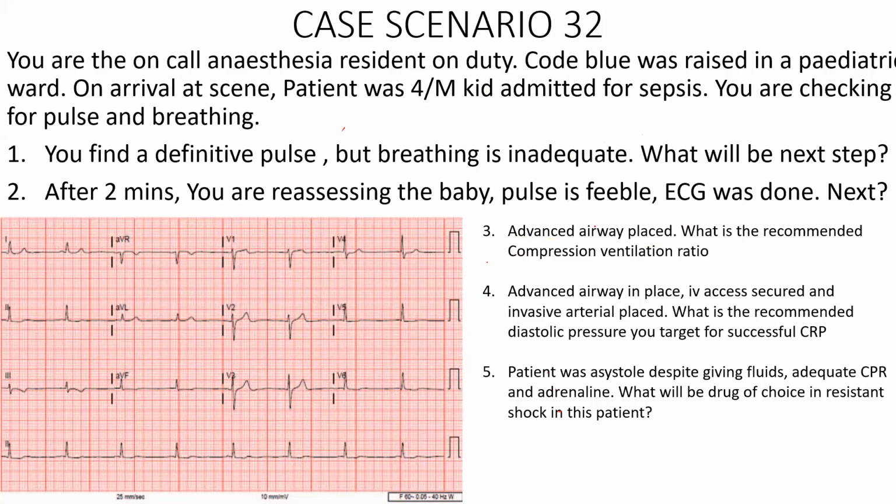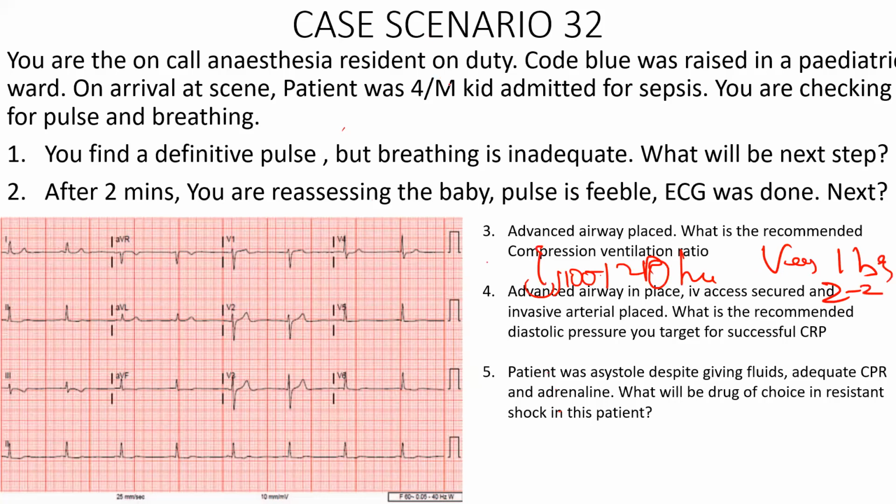That's the point you have to understand. Compression should go at a rate of 100 to 120 per minute. Ventilation will be happening one breath every 2 to 3 seconds.